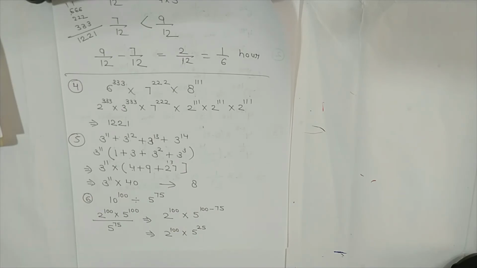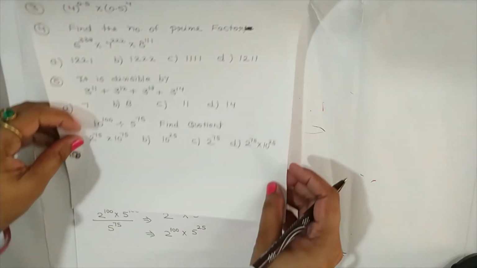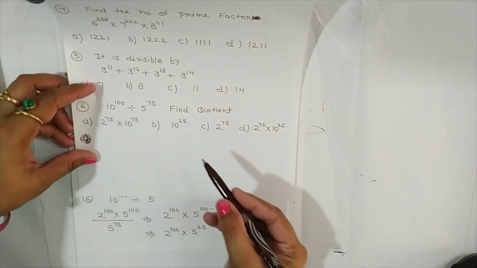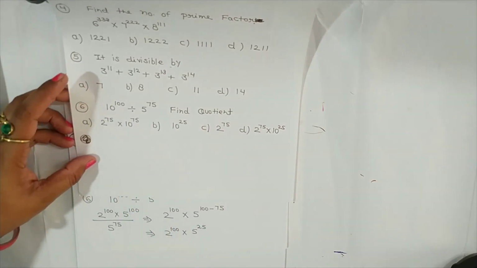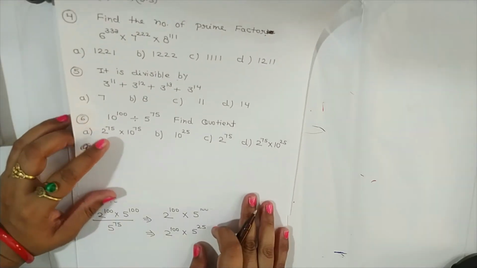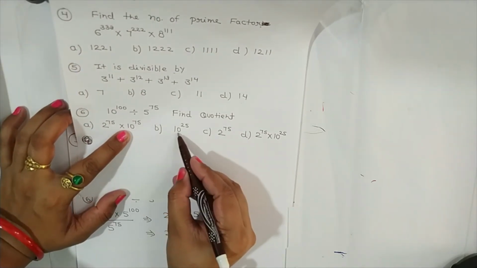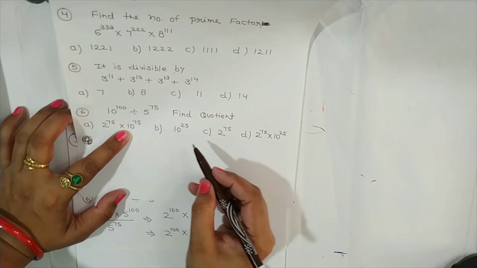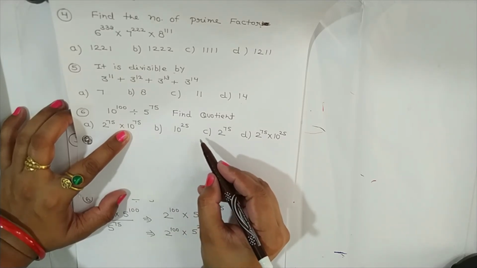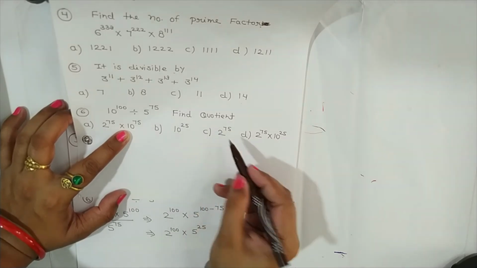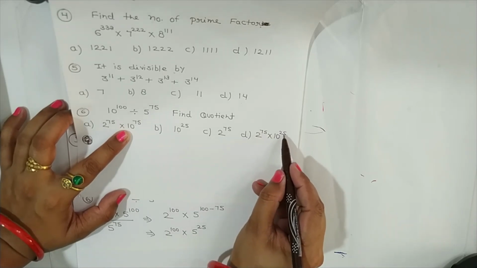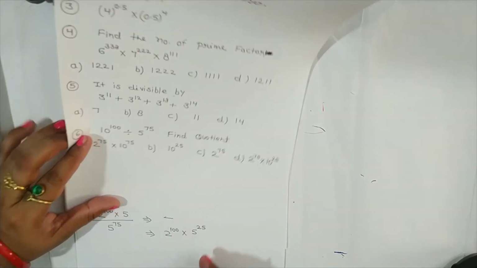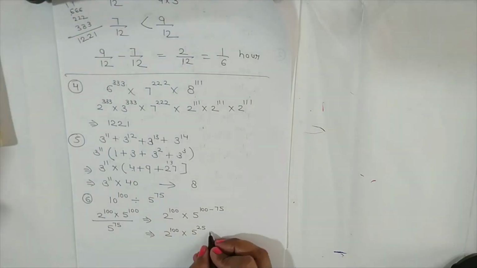Now the given option is 2 to the power 75 into 10 to the power 25. It means we have to break this.